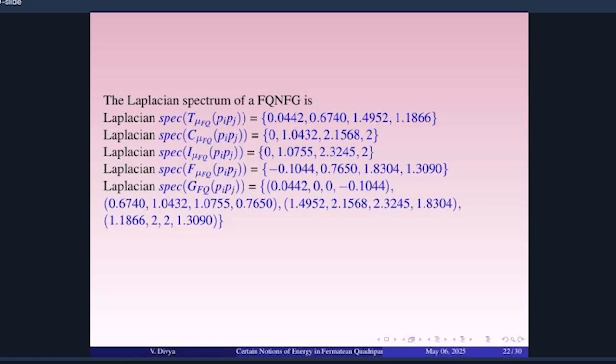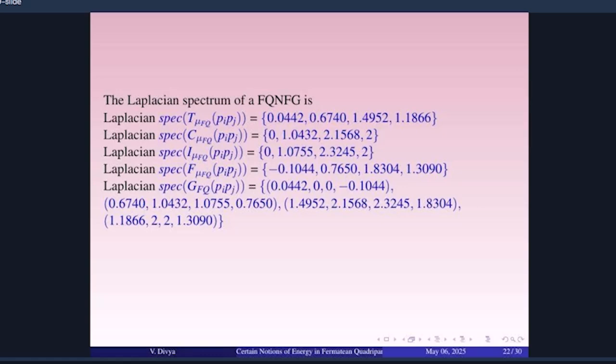From the Laplacian matrix, we have to segregate the values of truth, contradiction, ignorance and falsity separately, and then using Python software or MATLAB, we can find the eigenvalues. The first one represents the eigenvalues of truth, and next contradiction, ignorance and falsity.